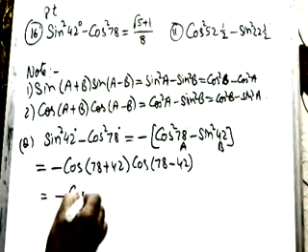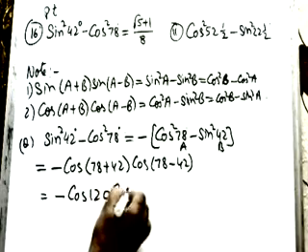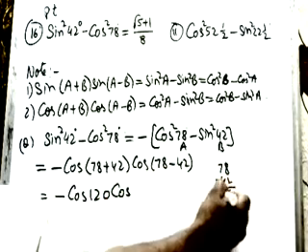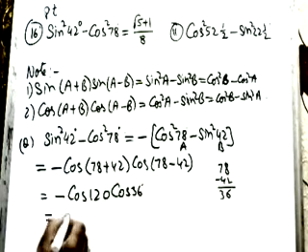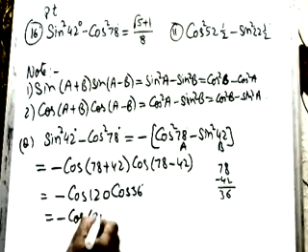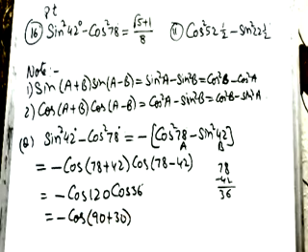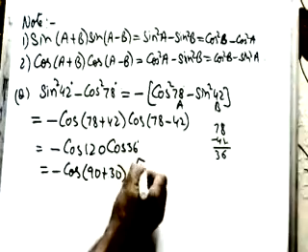Now let me solve this one, equals minus of cos. If you add these, you will get 120. Subtract, 78 minus 42, this will be 36 degrees. Now minus of cos 120 can be written as cos of 90 plus 30. Now cos 36, you must know by heart the value of cos 36.